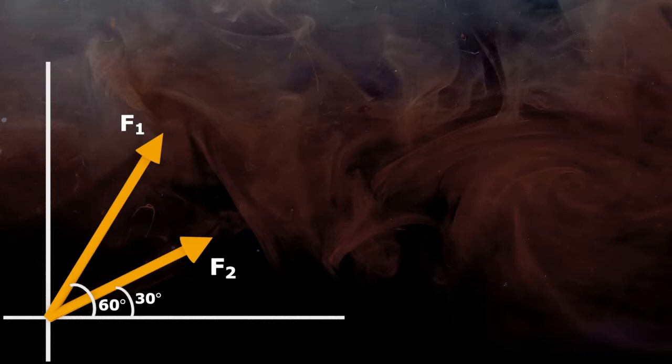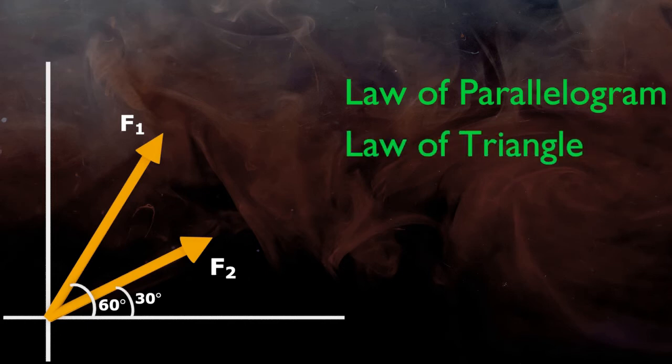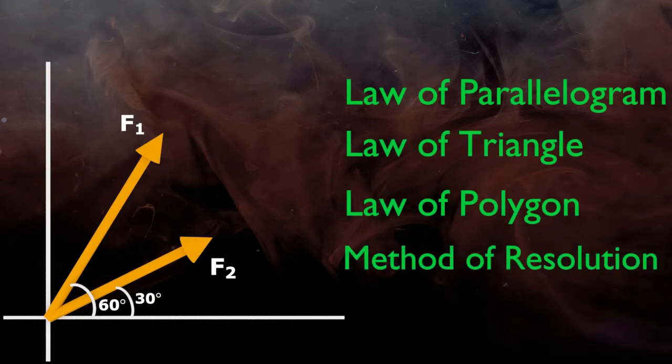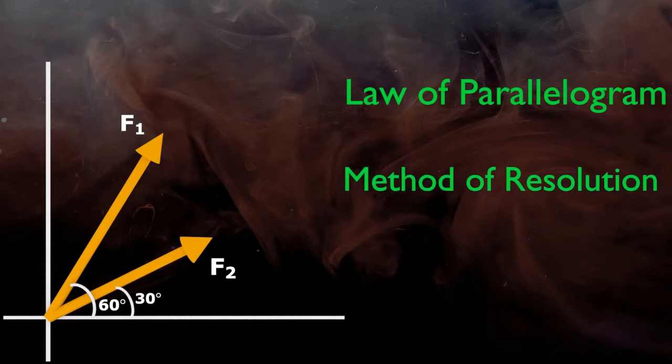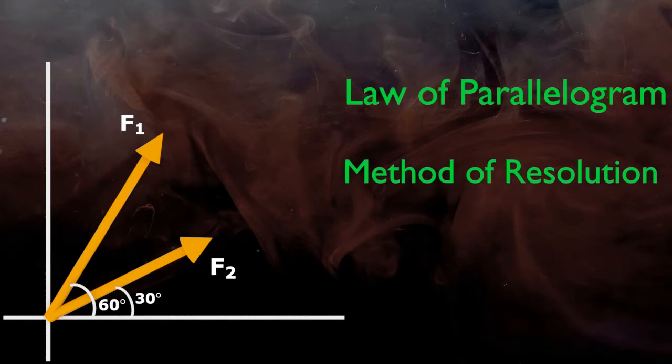So let's begin. There are four methods to solve numericals on resultant force: law of parallelogram, law of triangle, law of polygon and method of resolution. If graphical methods are not considered, the analytical methods of law of parallelogram and method of resolution are left.